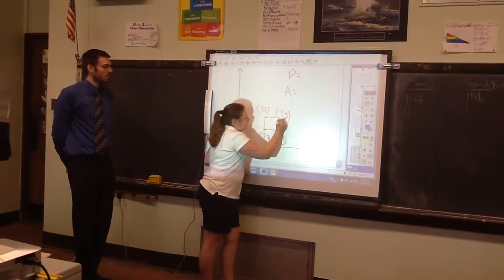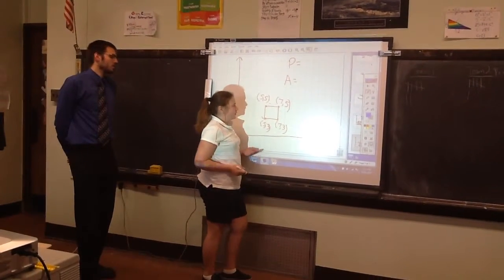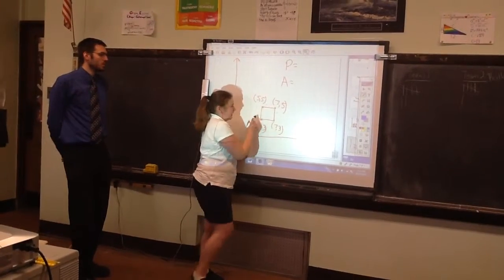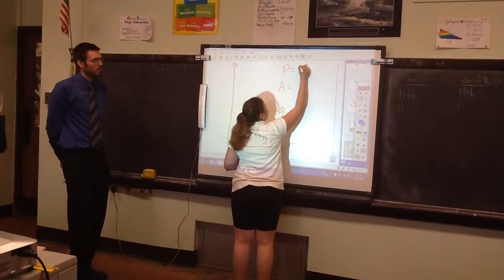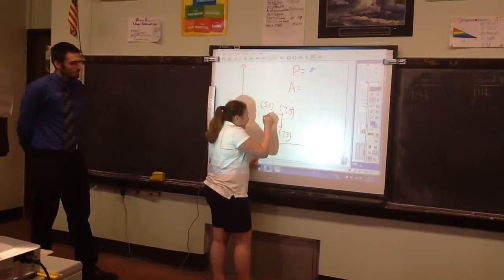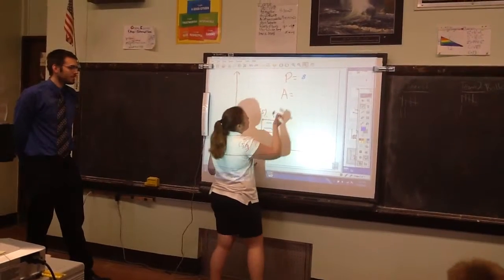Squares, they're all equal. So then you see 1, 2, 1, 2, and 2. So for the perimeter, we all know 2, 4, 6, 8. And then on the inside, 1, 1, 2, 3, 4.